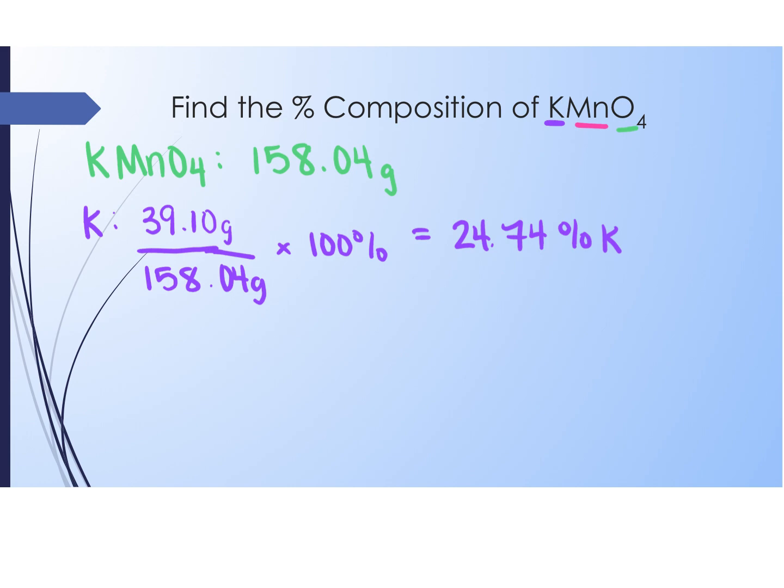Good. Okay. Our next element is the manganese. What's the mass of manganese? 54.94 grams. And what do we divide that by? Okay, so divide those, then multiply by 100.